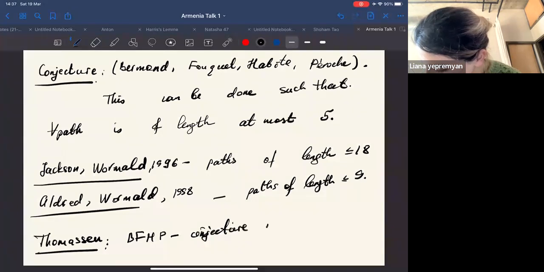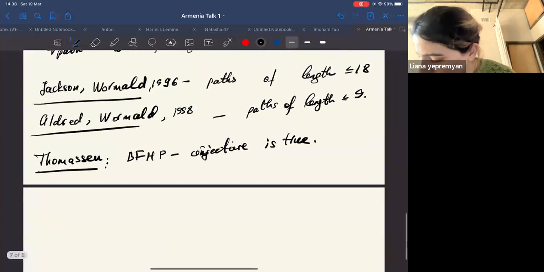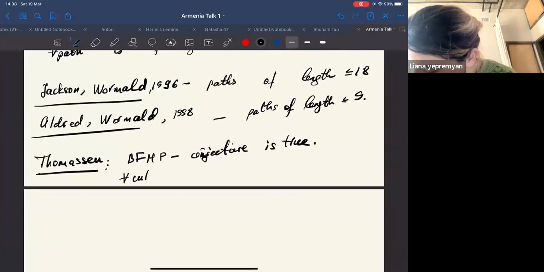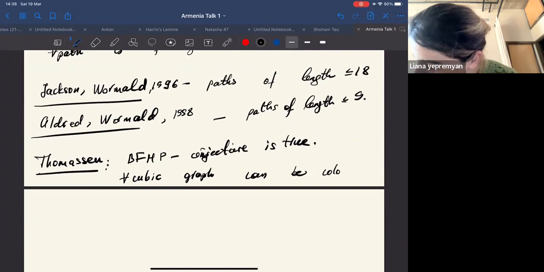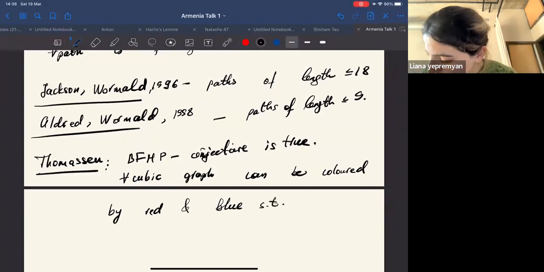So let me just restate it so that we have it one more time cited. It says that every cubic graph can be colored by red and blue, such that, I should say edge colored, right? So it's very important.